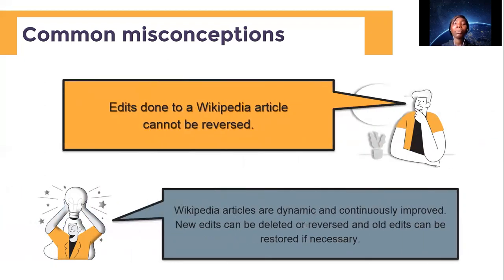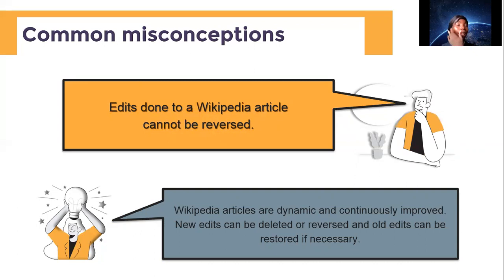Some people would also say that edits done to a Wikipedia article cannot be reversed, which is totally wrong, because Wikipedia articles are dynamic and continuously improved. New edits can be deleted or reversed, and old edits can be restored if necessary. Wikipedia articles are always being improved on a daily basis. They are always updated.